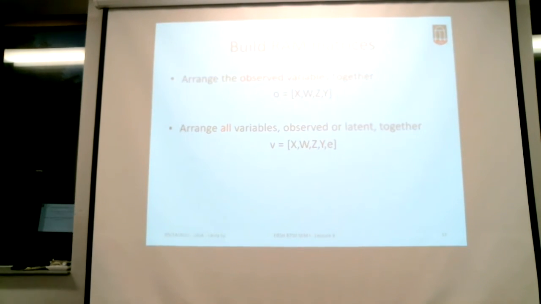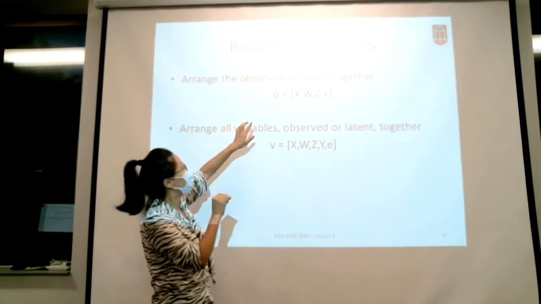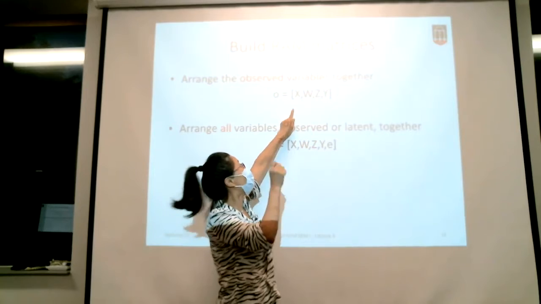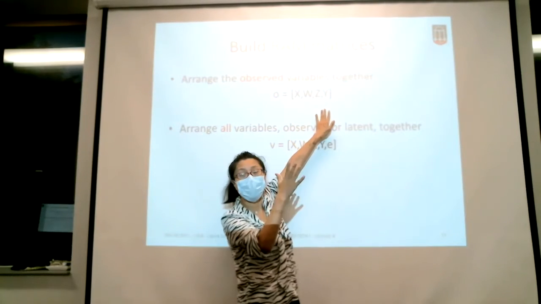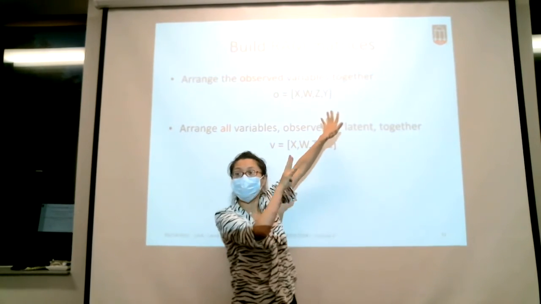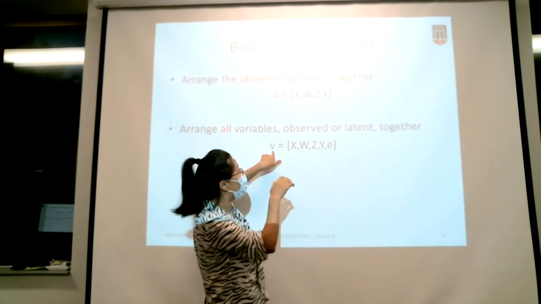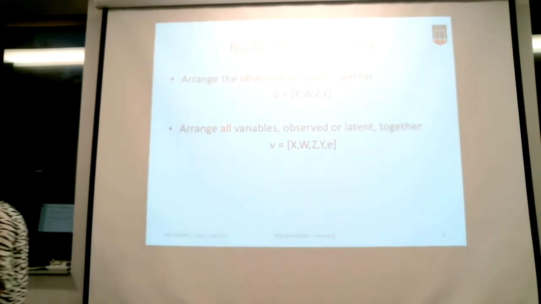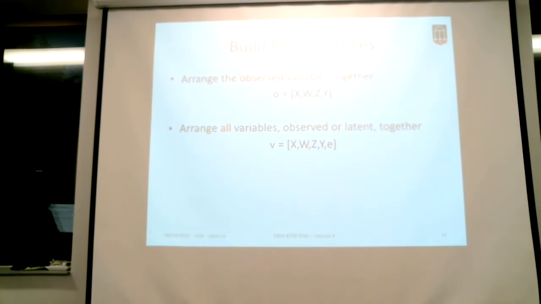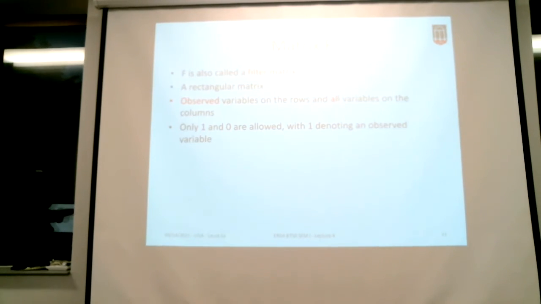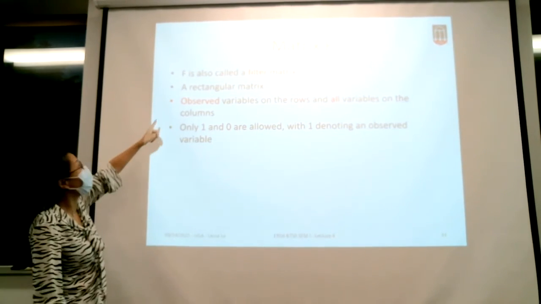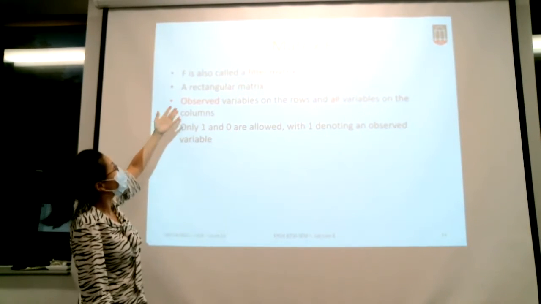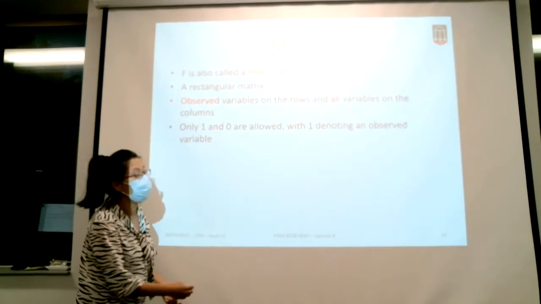Again, in order to get F, A, S, we have to summarize the model by using the observed variables. We have x, w, z, y here, 4 variables in this case, and then we have all variables. In addition to these 4, we have the error part. Just like the simple linear regression, you have F, which is a filter matrix.